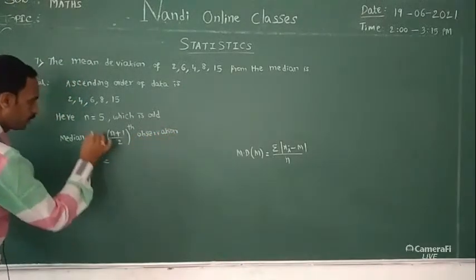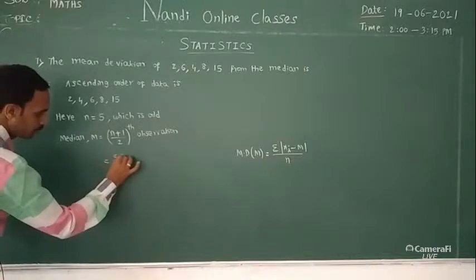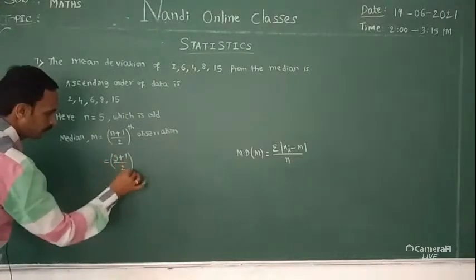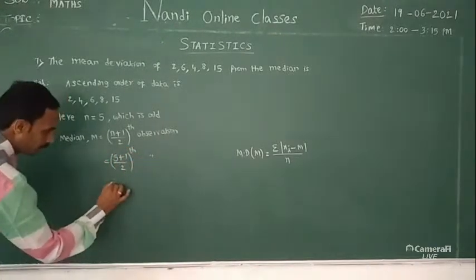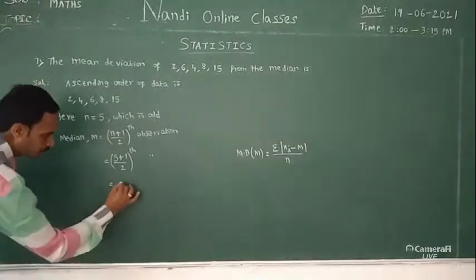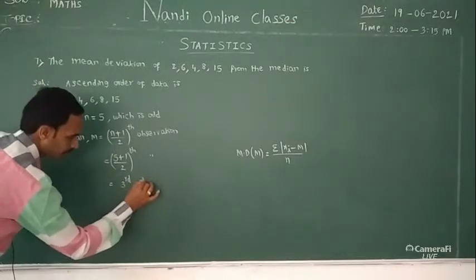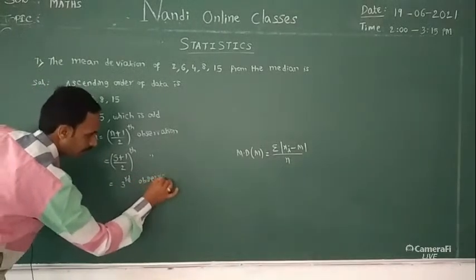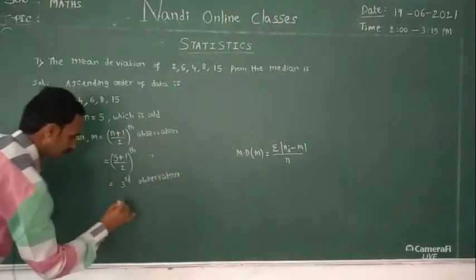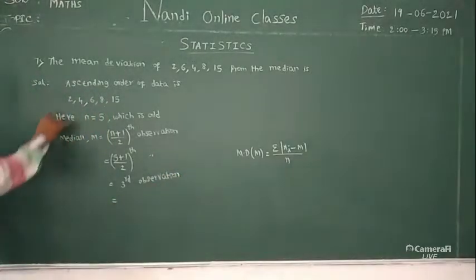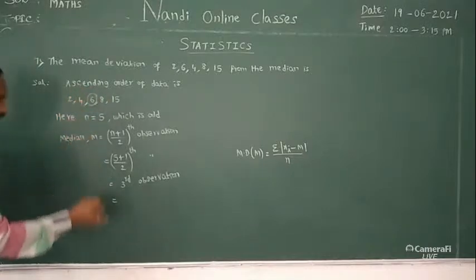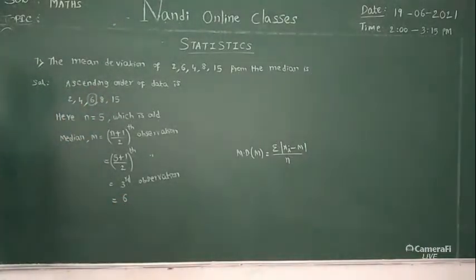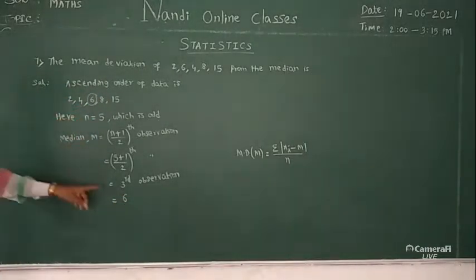The n value is 5, so 5 plus 1 is 6, divided by 2, means the third observation. In the increasing order, the third observation is 6. So the median of this data is 6.